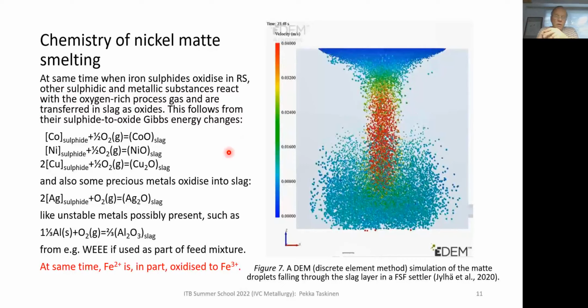We are forming matte, but along with that matte formation, we also lose chemically some nickel, some copper, and probably most of the cobalt into the slag, and these are chemical reactions which cause those chemical dissolutions.